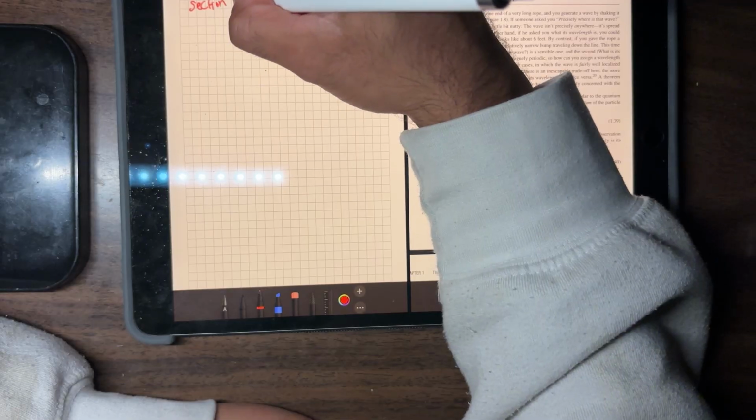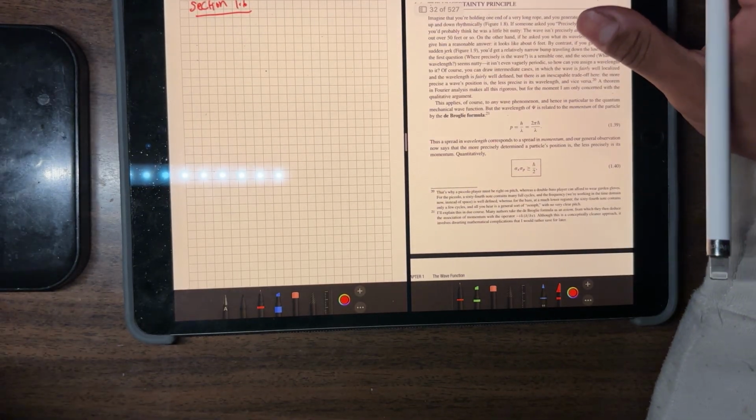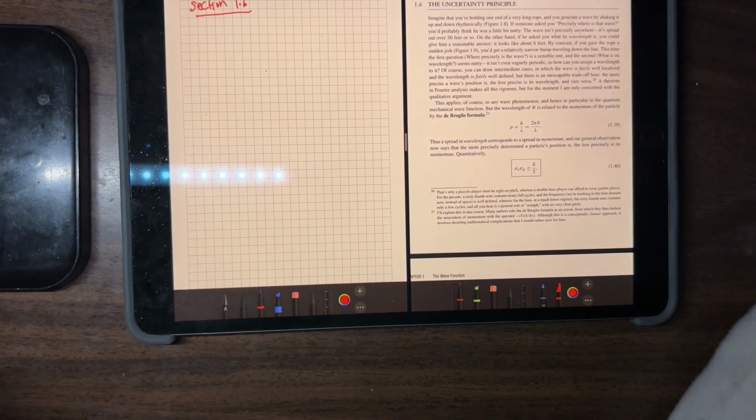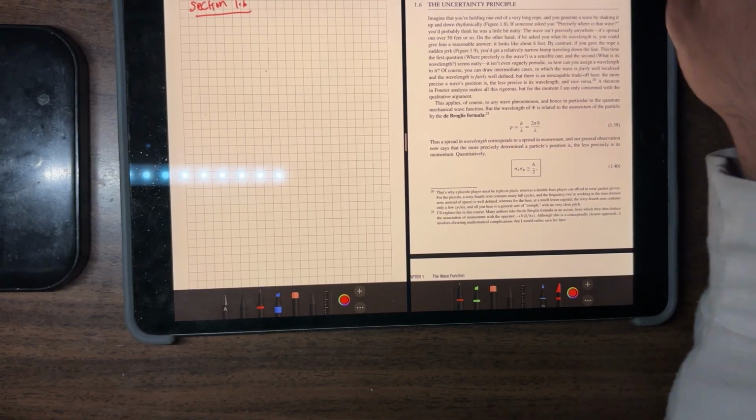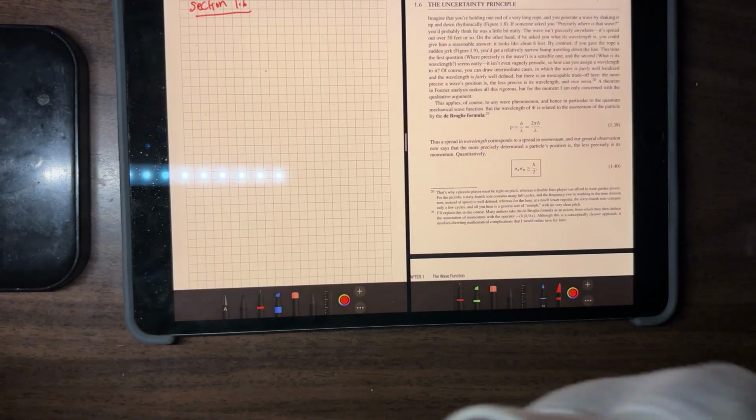Section 1.6. I'm going to finish it today itself.